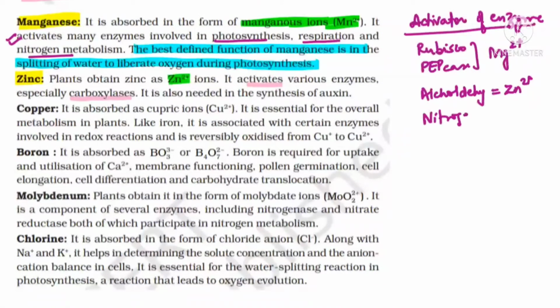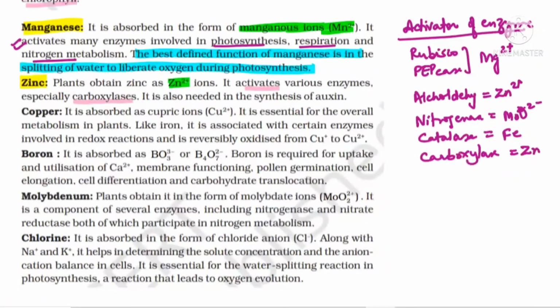Nitrogenase: activator is molybdenum ion. Then catalase, better check in the iron area. Catalase, iron. Carboxylase, the answer is zinc. Clear, beta?